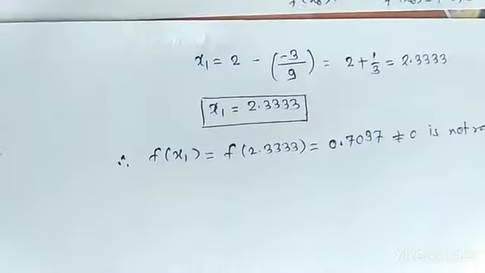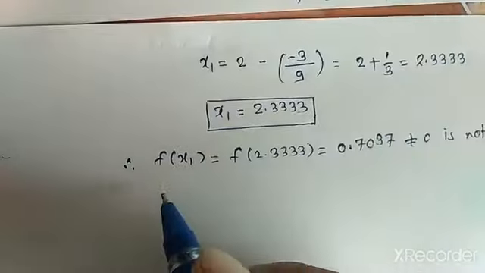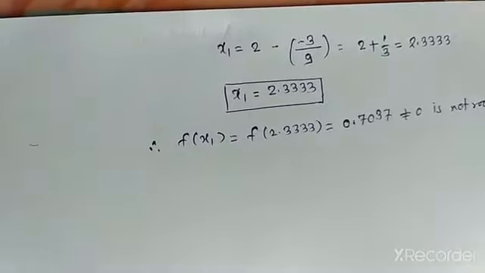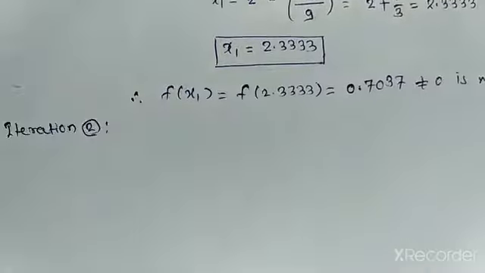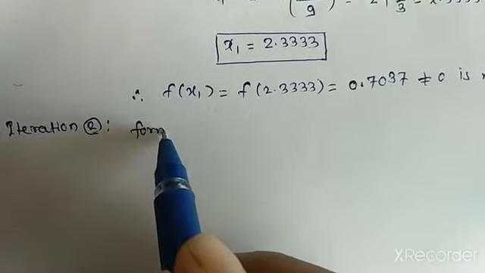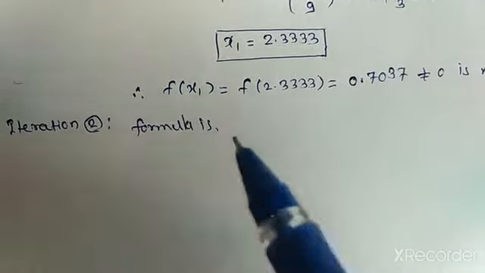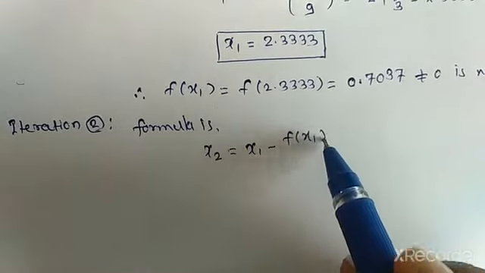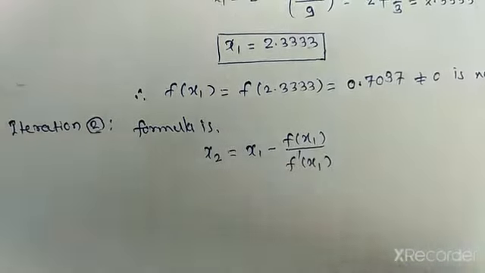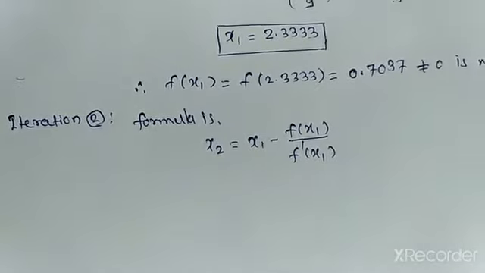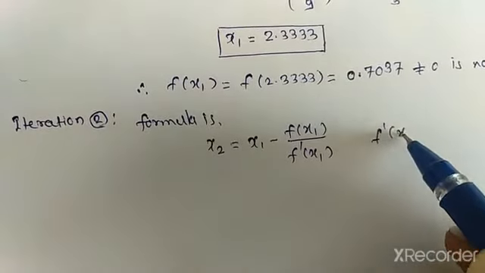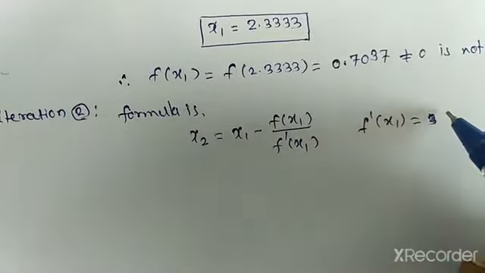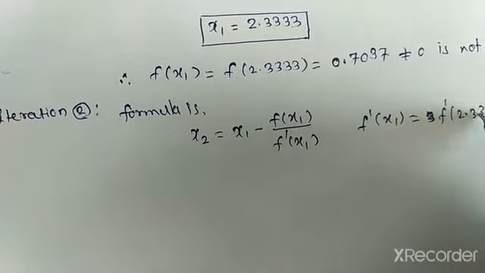So for the next iteration, iteration number 2, the formula is x2 is equal to x1 minus f of x1 divided by f dash of x1. Okay. So here first we have to calculate f dash of x1, which means f dash of 2.3333.